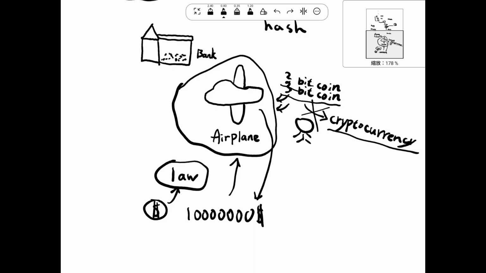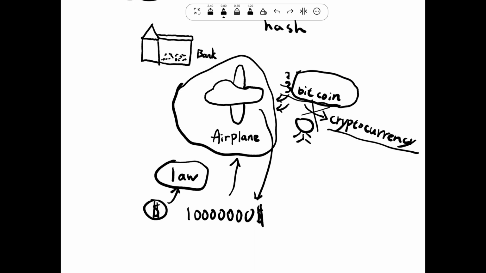I'll tell you a bit of a story about Bitcoin. Some person, one Sunday, wanted to buy a pizza, and he had 10,000 Bitcoin. So he used the 10,000 Bitcoin to buy a pizza.